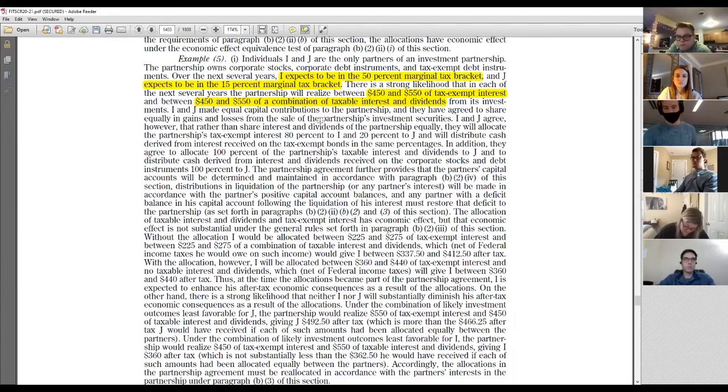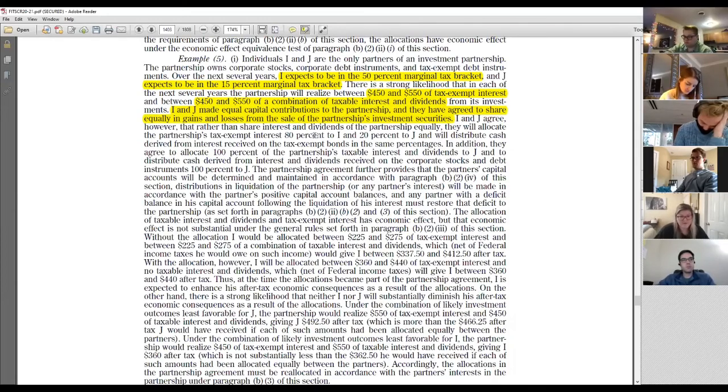And this next sentence tells us a little bit about the baseline. They contributed equally, they're sharing in gains and losses equally. So the baseline kind of jumps out at you, that the baseline is 50-50.